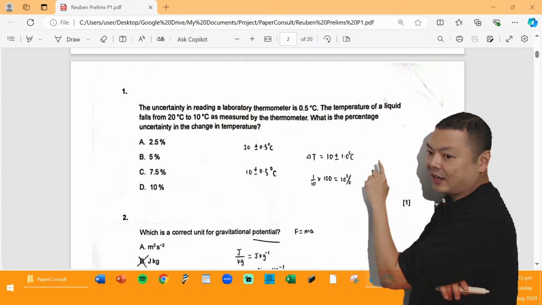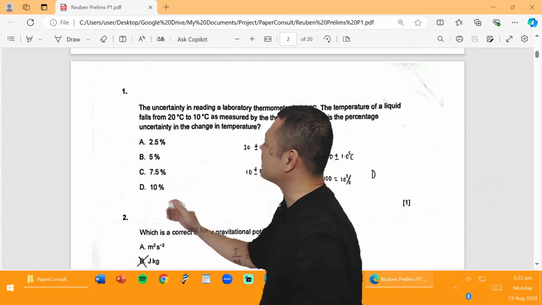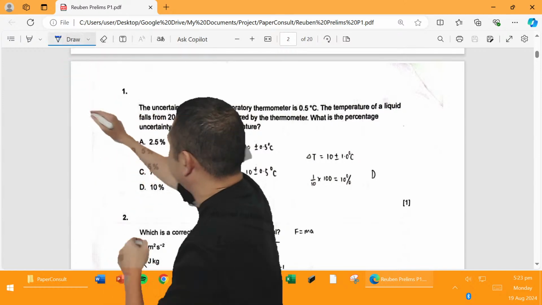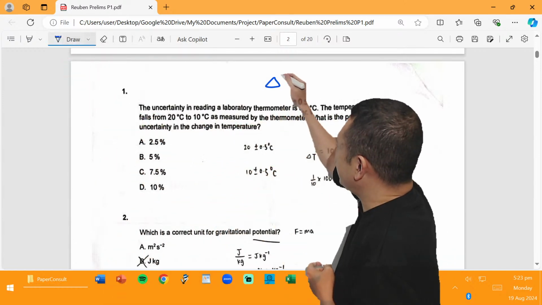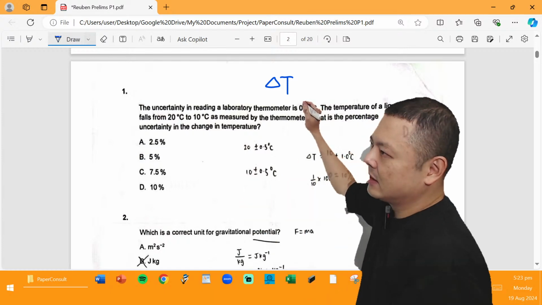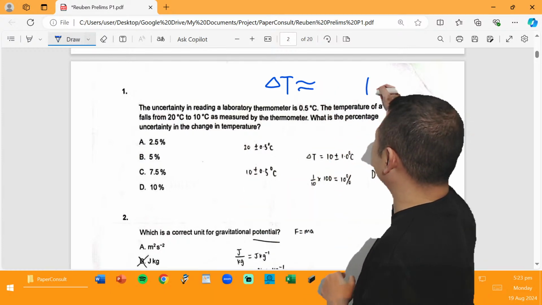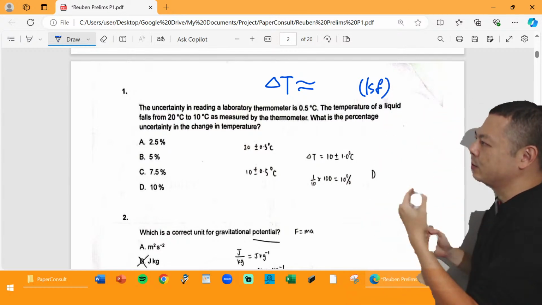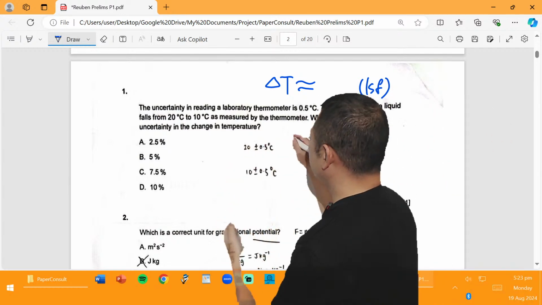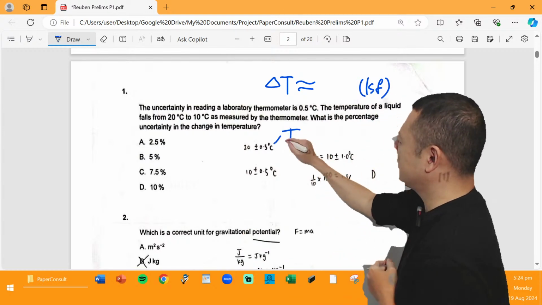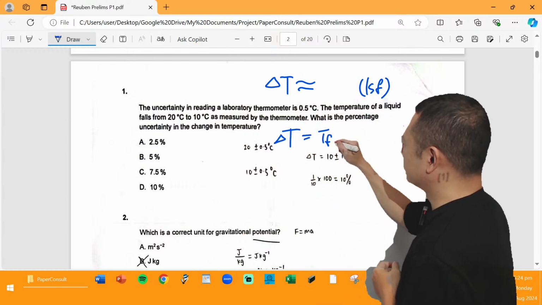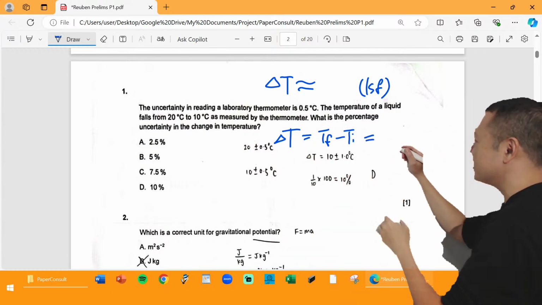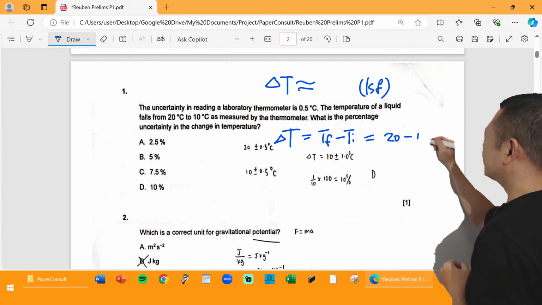Those are good questions, because it tells me we need to cover those things. The rule is the absolute uncertainty of anything must always be rounded off to 1 SF. So for the delta T, the change in temperature, delta T equals T final minus T initial, 20 minus 10 degrees.